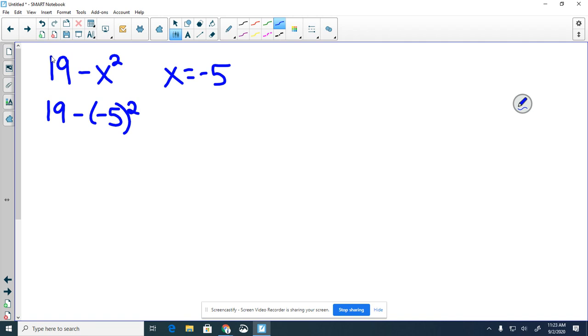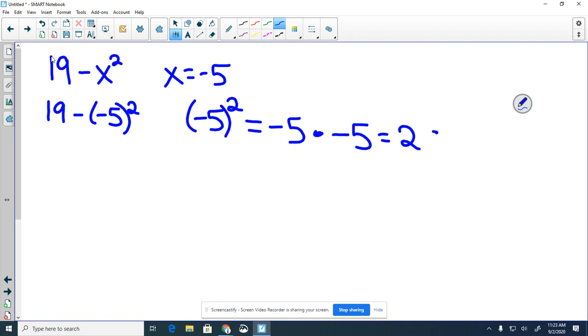I think the issue with this problem was we forgot how squaring works. So again, we start here with the negative 5 squared. This means we take negative 5 and multiply by itself again, and we get a positive 25.